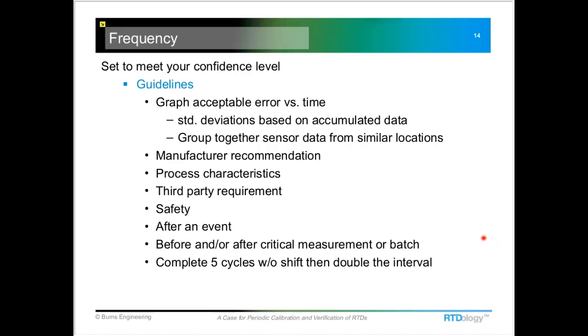And with any of these, if you can go through 5 cycles of calibration or verification without a significant shift, then we can go ahead and double that interval. So let's say you start out at 6 months, you don't see a problem. You can go ahead and double that interval after you've gone through at least 5 cycles.